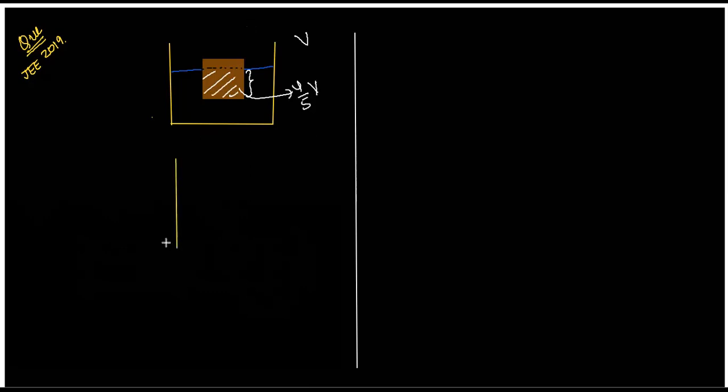After this, you pour some oil into the bucket. Then the condition completely changes. Let's say this is the surface of oil. Of course, oil is less dense than water, so it will be above it.